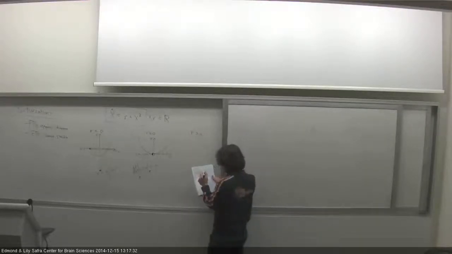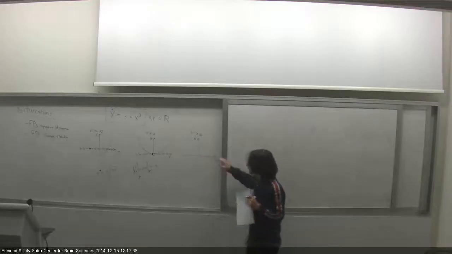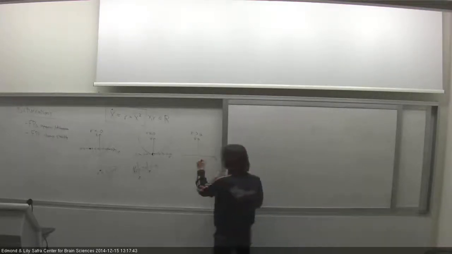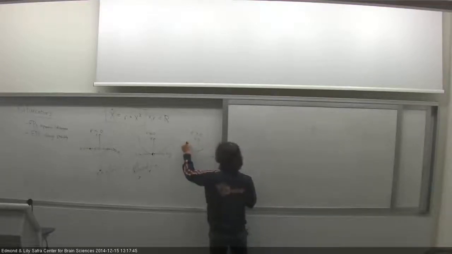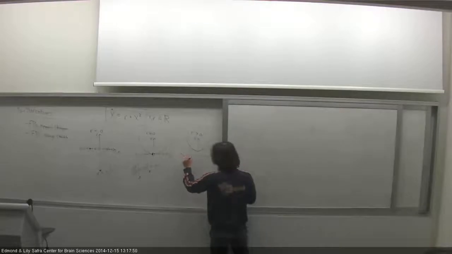Okay, so now for a positive r, I also ask you to consider the phase portrait when you don't have any fixed points. You can have a phase portrait without a fixed point. You still have a vector flow.